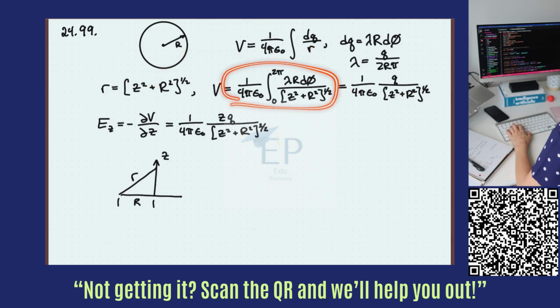And now we can do this integral, and this integral is really easy because nothing in here depends on phi. So we just integrate from 0 to 2 pi, and then do a little simplifying. Use this expression back in here, so we get that the voltage is given this way.